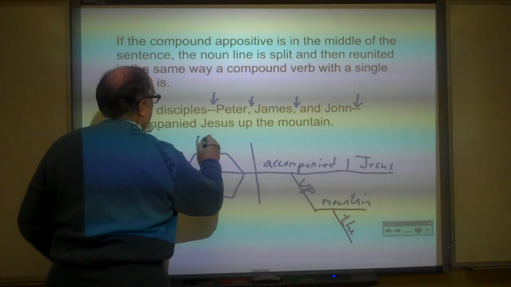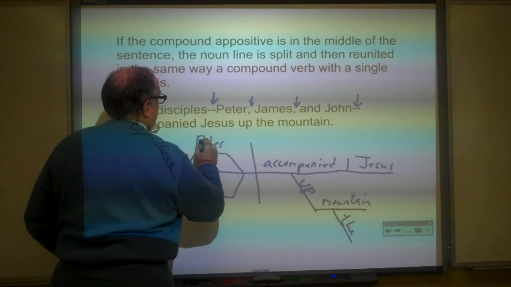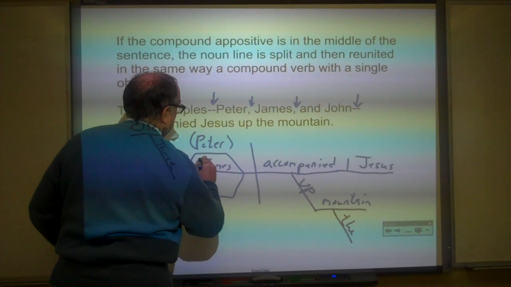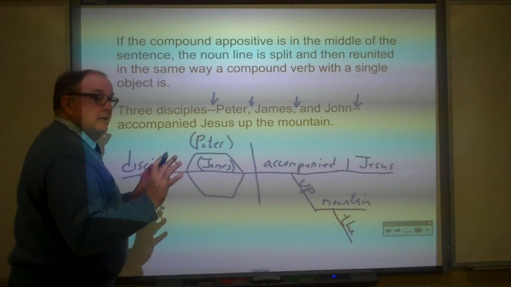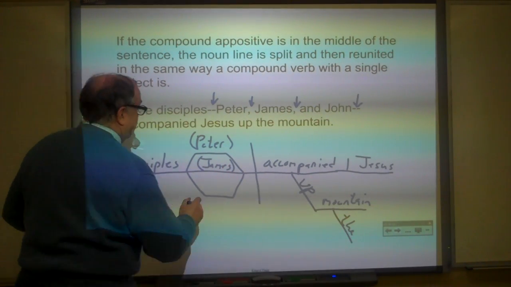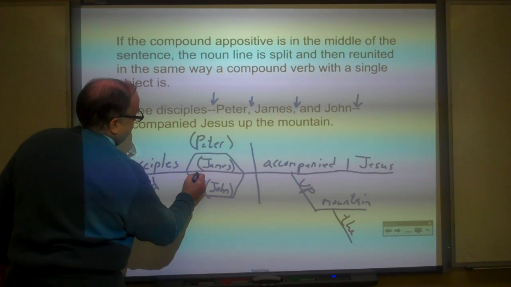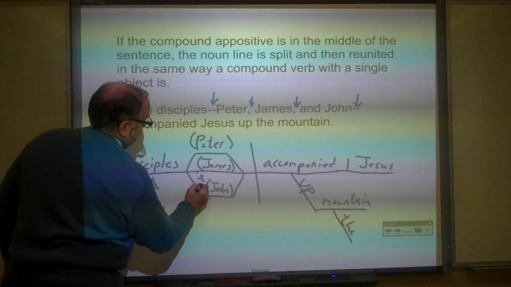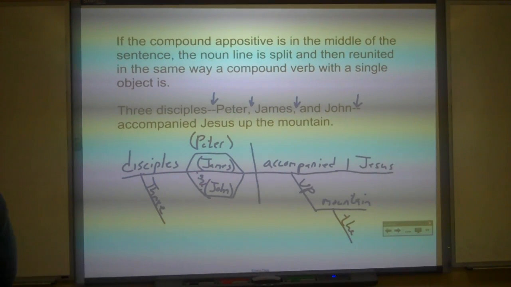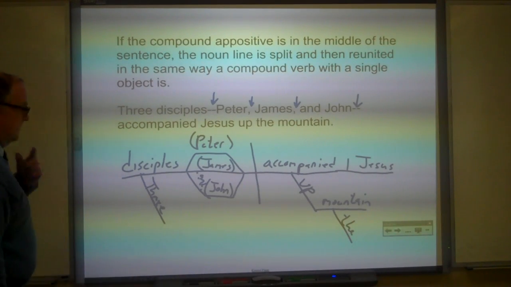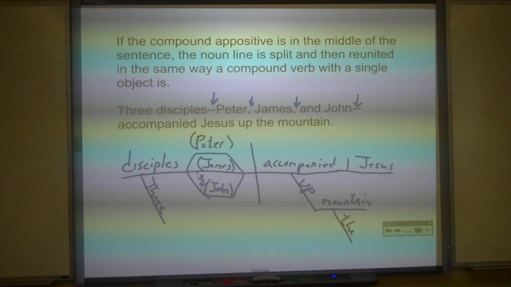So we have Peter, James, each one in parentheses because it's an appositive, and John. And of course, and on the dotted line where conjunctions normally go.